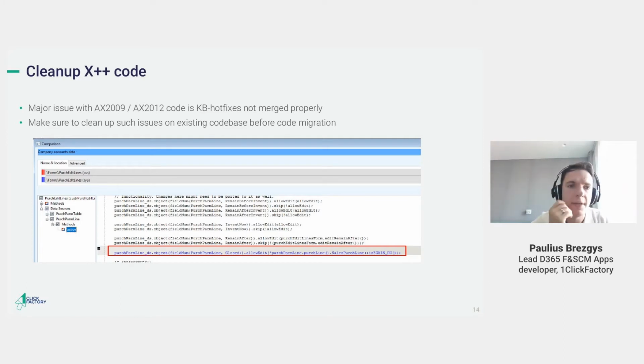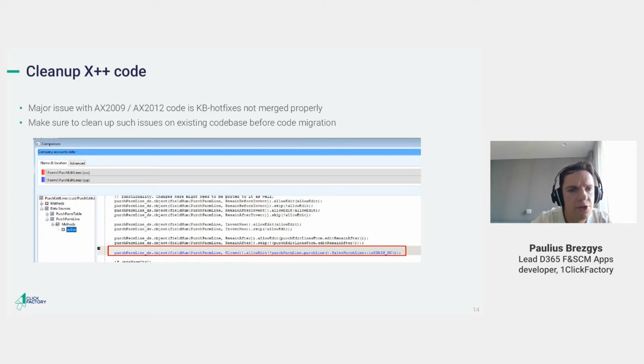Another thing that I usually see in existing Dynamics implementations is what we call fake changes in customer code bases. I have done more than 100 assessments for the AX customers, and in almost every implementation I see this. So another piece of advice comes from this: clean up X++ code.